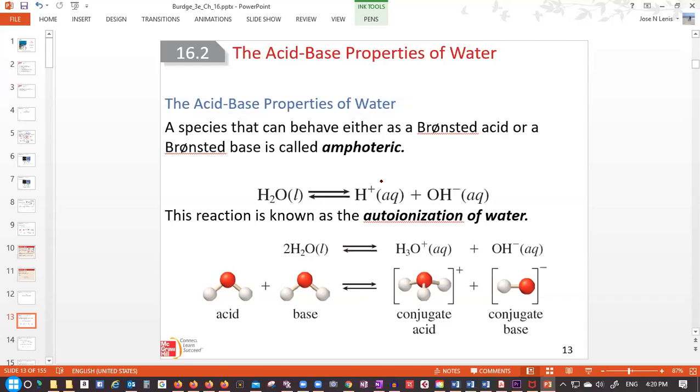In aqueous solutions it doesn't exist. What exists is protonated water.